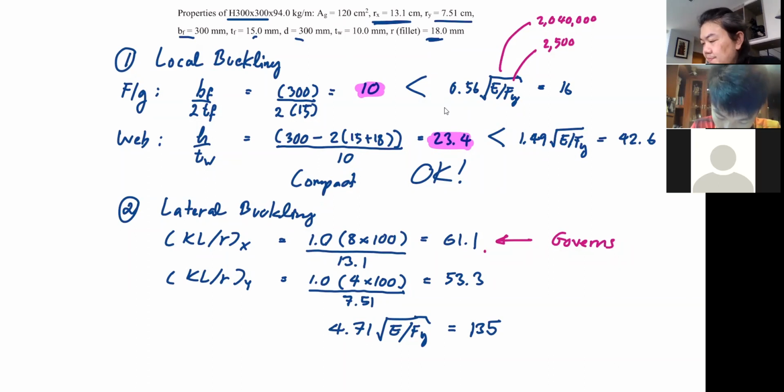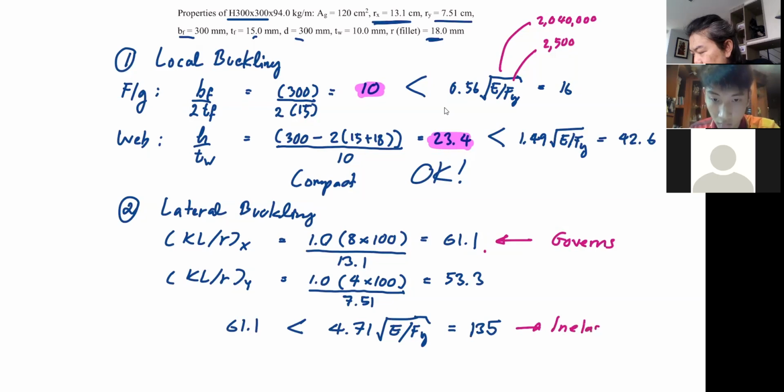So that means our governing slenderness ratio is less than this value. So what does it mean then? It means that we are going to have inelastic buckling, right? Your column will buckle inelastically because the governing slenderness ratio is less than this limiting value.